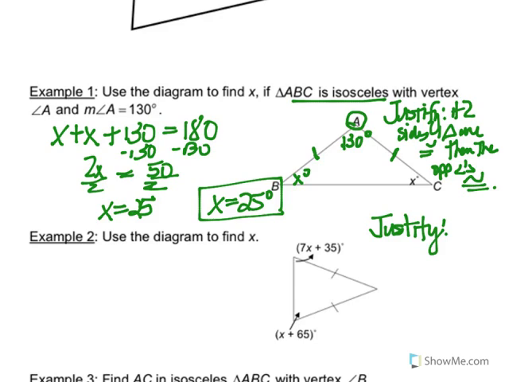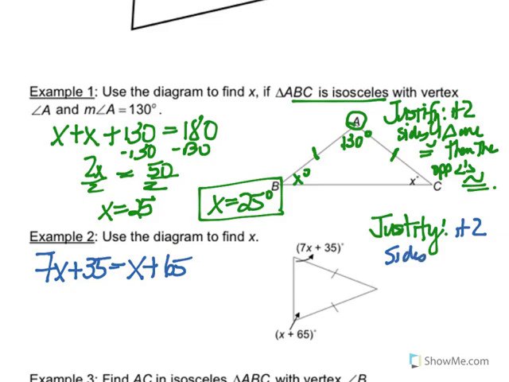Okay, well, I hope you hit pause and tried that yourself. So what we need to do here is take 7x plus 35 and set it equal to x plus 65. Now, why would we do that? Because if two sides in one triangle are congruent, then opposite angles are also congruent.